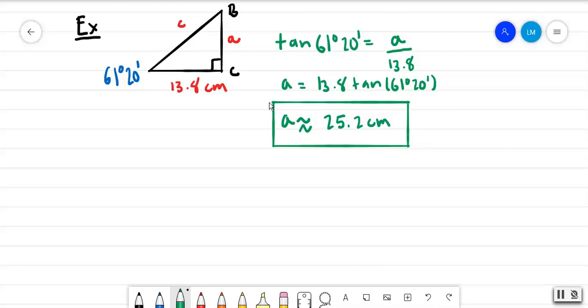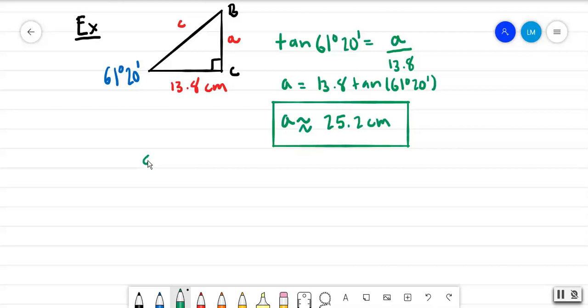Now, in order to find side C, we can construct another method of finding the hypotenuse. We're going to use the adjacent and the hypotenuse. So we should think of the trigonometric function that corresponds to adjacent and hypotenuse.